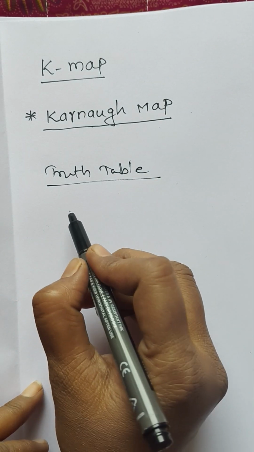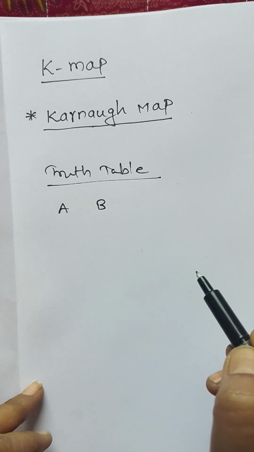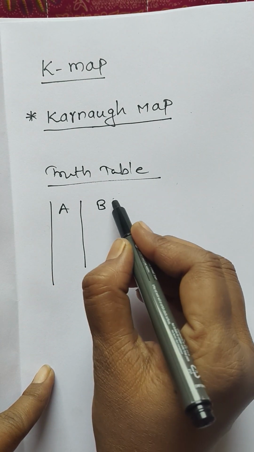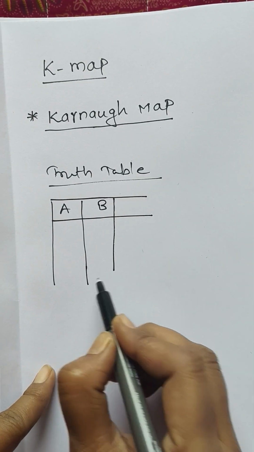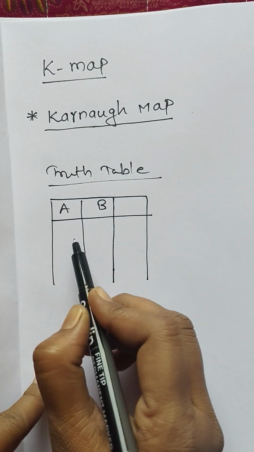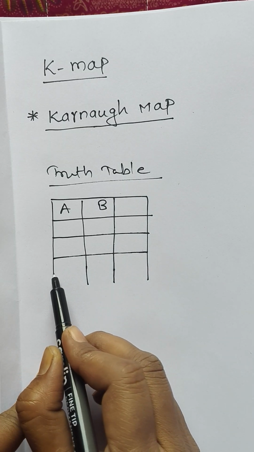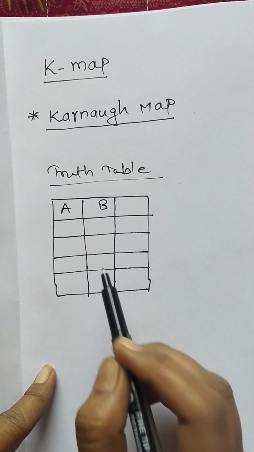Suppose I have two input variables A and B. If we have two variables, how do we write the truth table? First we write all the possible combinations of the input. If two variables are there, the possible combinations are 4.